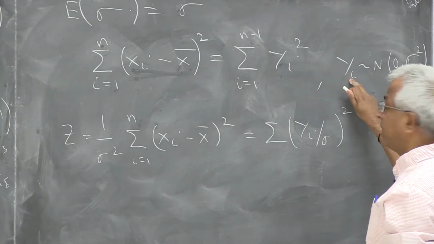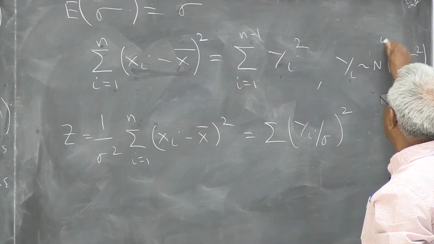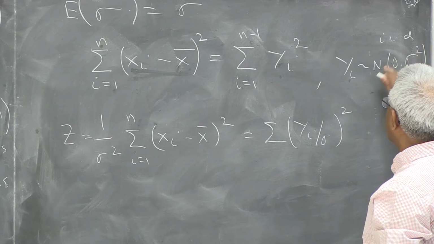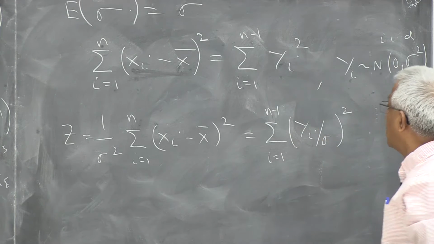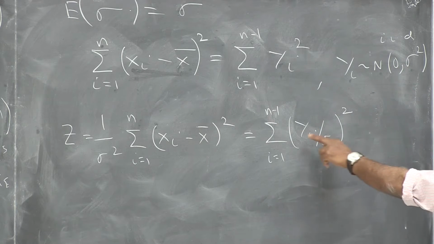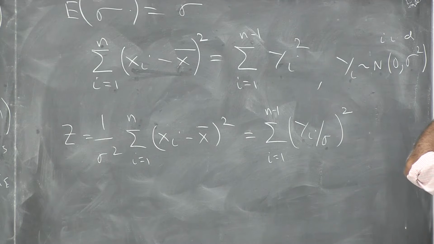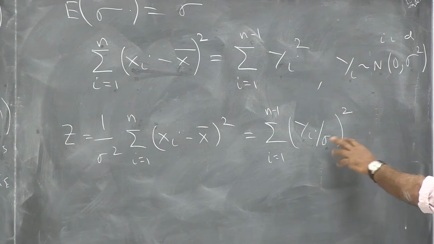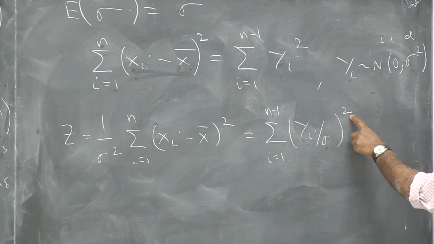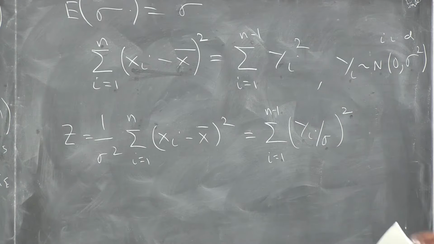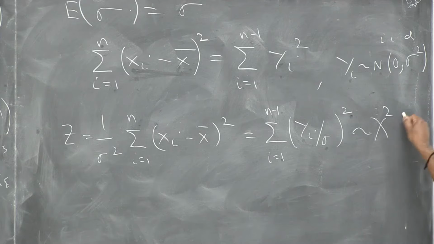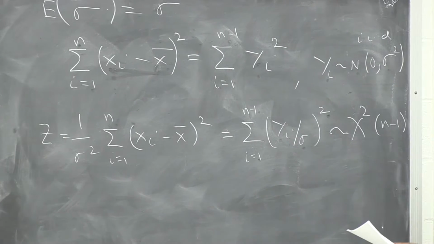Notice that the yi's are IID normal with mean 0 and variance sigma squared. So yi over sigma is standard normal with mean 0 and variance 1. So its square is chi squared with 1 degree of freedom. If you add this up, this is chi squared with n minus 1 degrees of freedom.